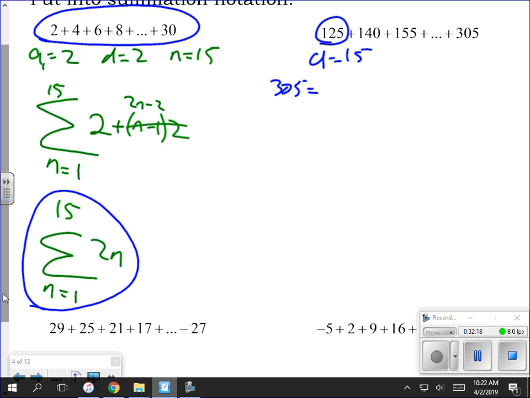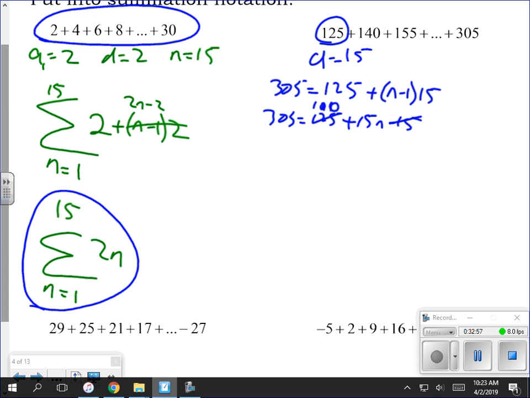305 equals 125 plus n minus 1 times 15. 305 equals 125 plus 15n minus 15. When you combine up like terms over here, negative 15 and positive 125 ends up being 110.